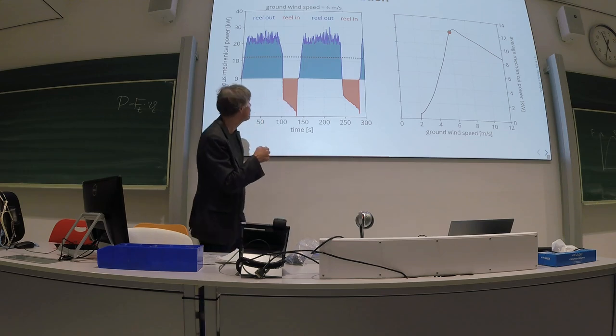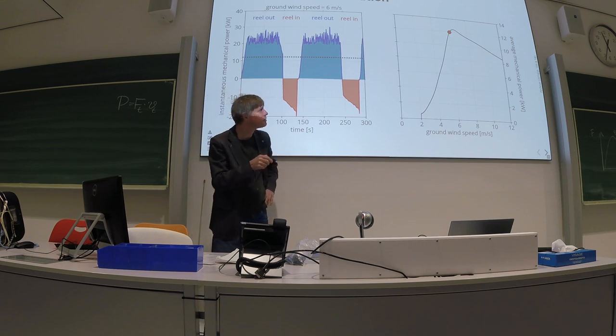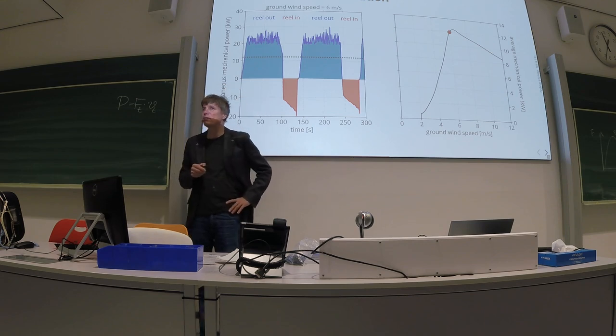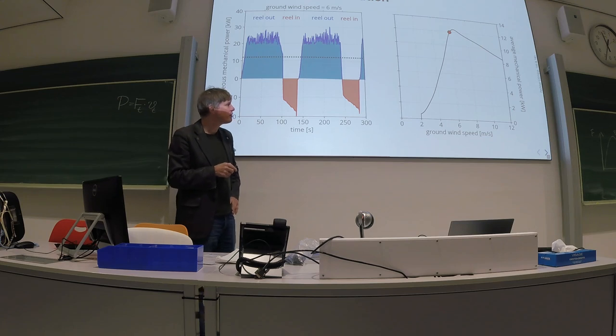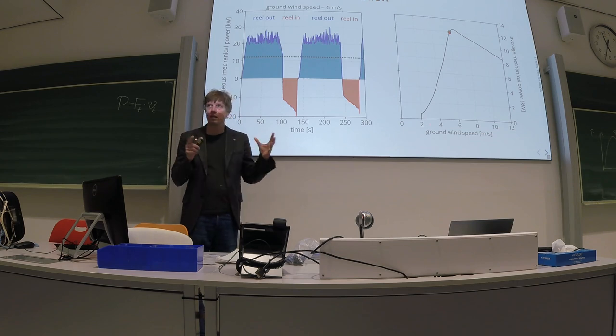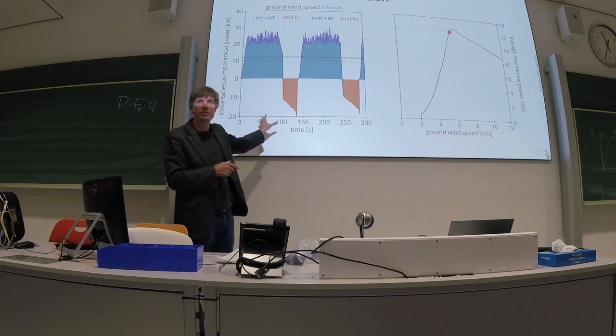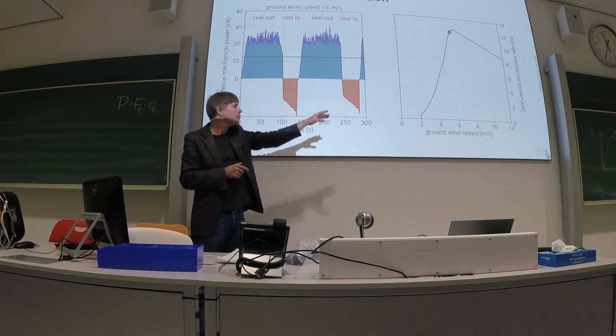And you see that this measured 12 kilowatt here in this diagram is about the highest value. That is what we call the rated power at the rated wind speed here of 6 meters per second. Is that clear how I get from instantaneous power to power curve?